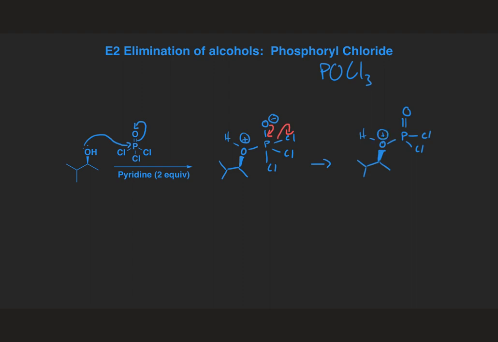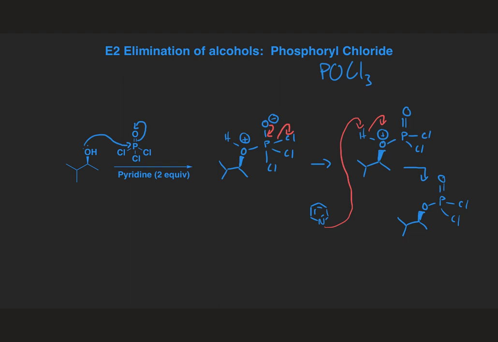And then remember that pyridine is a good base. And so the first equivalent of pyridine is going to be used to deprotonate this oxygen, to give this neutral intermediate.